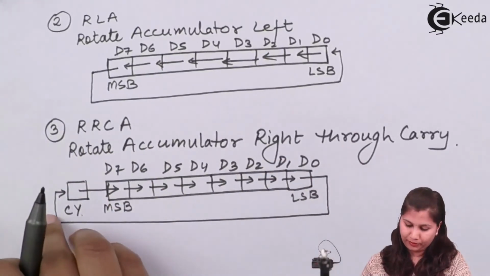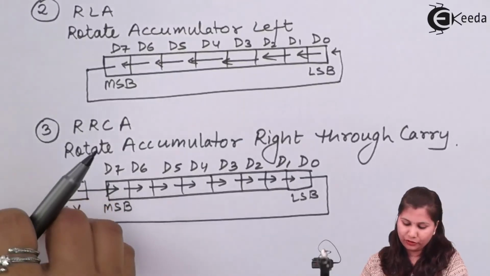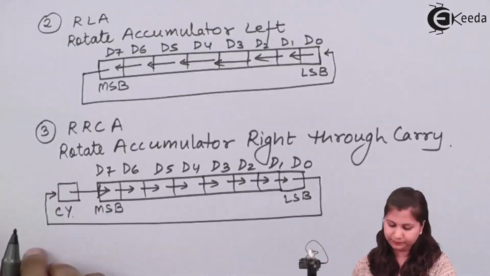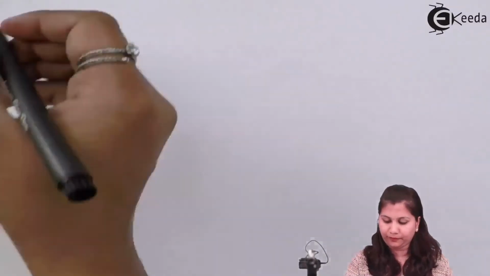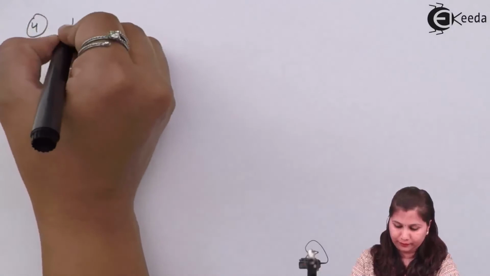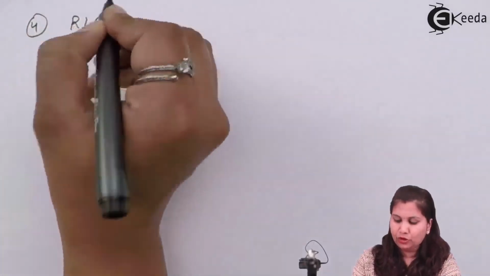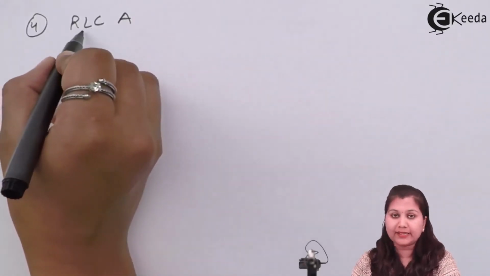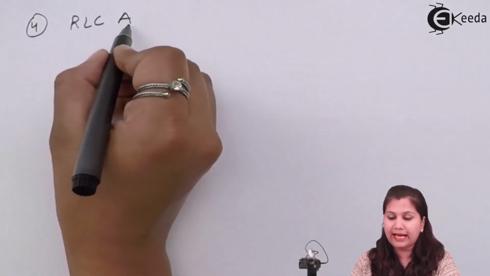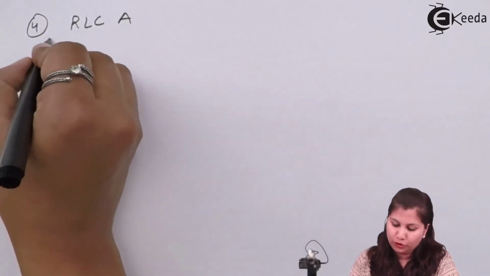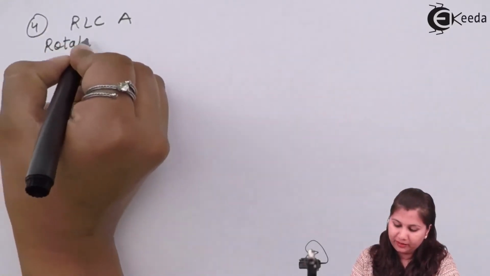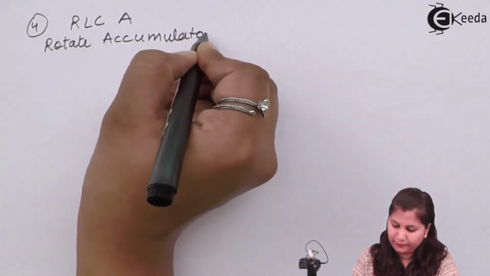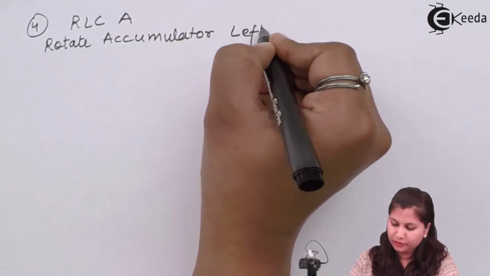The next instruction we have is to rotate the accumulator to the left hand side through the carry flag. So RLCA: C is for the carry, L is for left, R for rotate and A is for accumulator. So rotate accumulator left through carry.